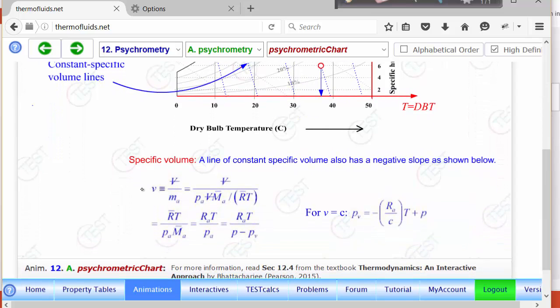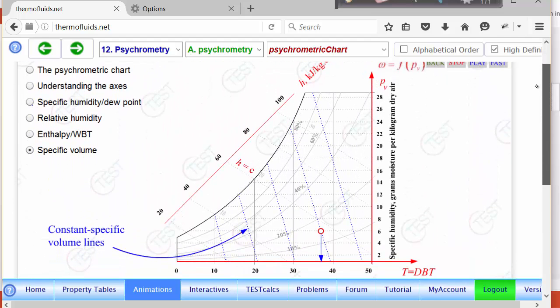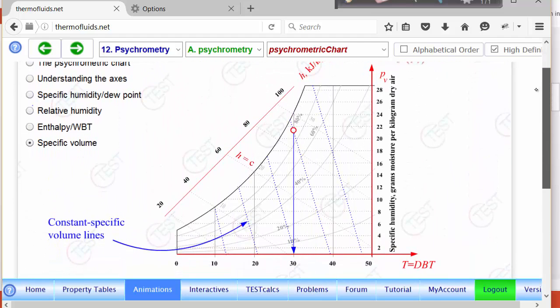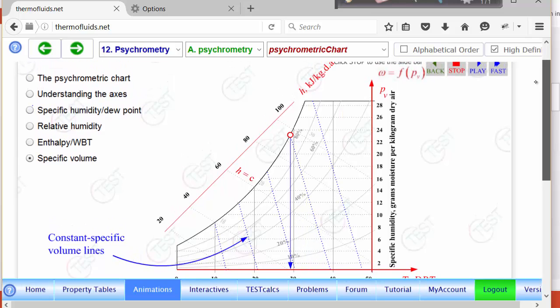If you write the specific volume, which is defined as the volume per unit mass of dry air, using the ideal gas equation for the perfect gas, for the dry air, we end up with a formula that shows that specific volume must have a negative slope. Finally, we'll come back to the enthalpy line after we cover enthalpy.